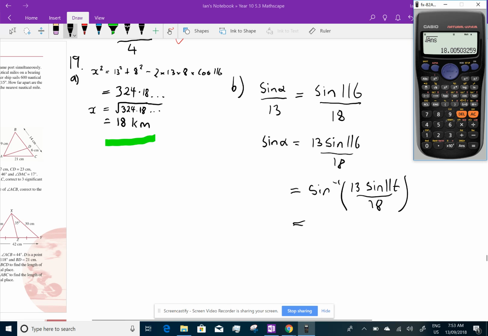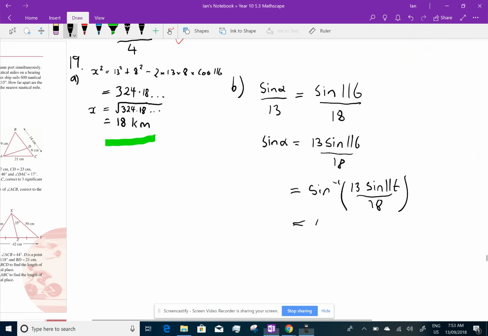So shift sine, 13, oops, I better do a fraction. 13 times sine 116 over 18. And close those brackets. 40 degrees. And they want it to the nearest degree.